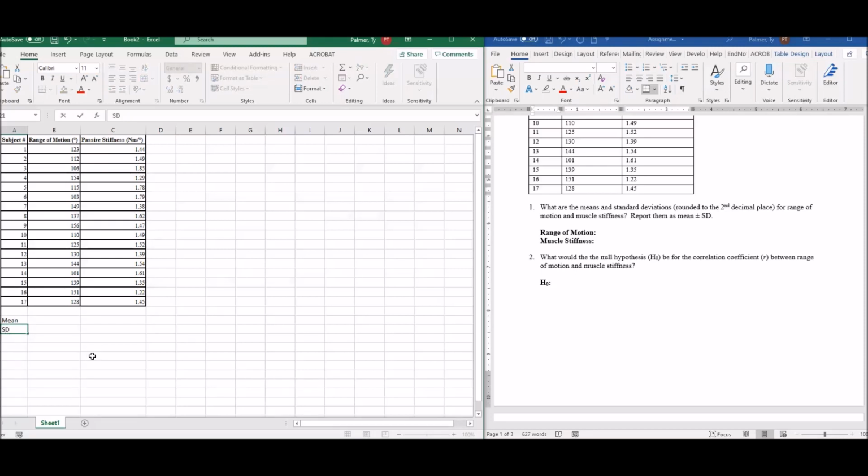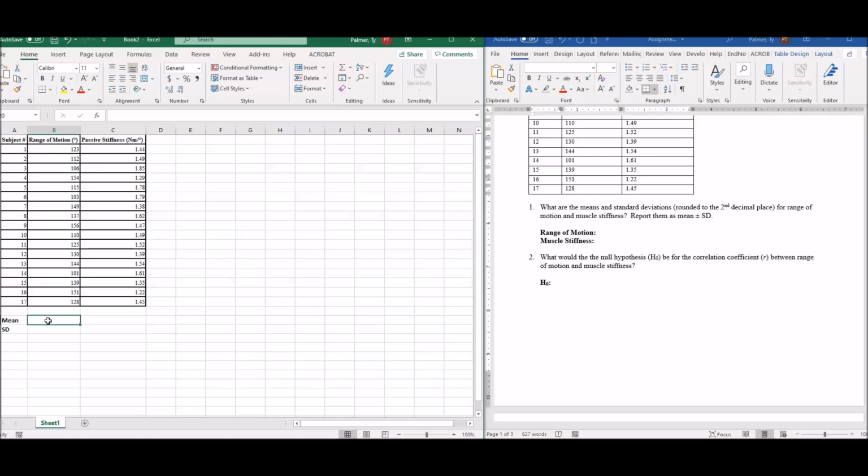SD symbolizes standard deviation, and then I'm going to calculate the mean and standard deviation for both range of motion and muscle stiffness, just like the question asked. And I'm going to bold these two so it's easy to see. So in order to calculate the mean, and remember I've shown this in previous videos, I'm not going to spend a lot of time on this. I'm going to go through it pretty quickly here. If you need further guidance on this, please refer back to our previous how-to videos.